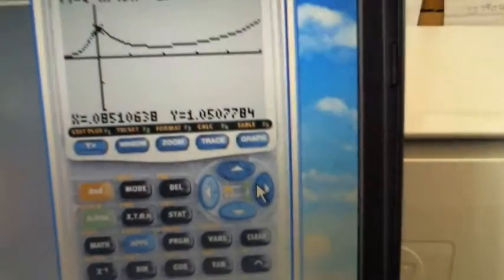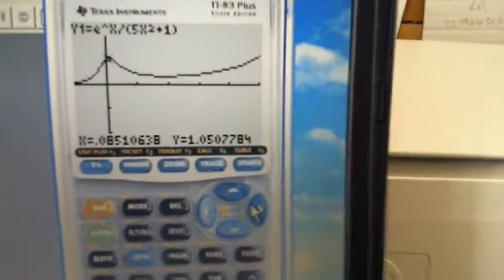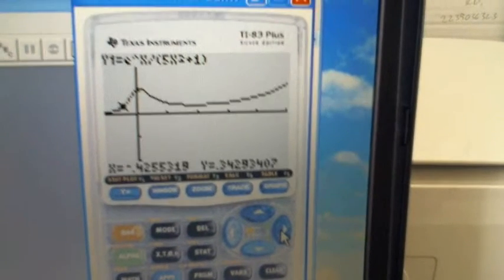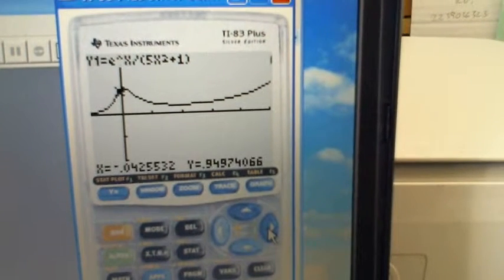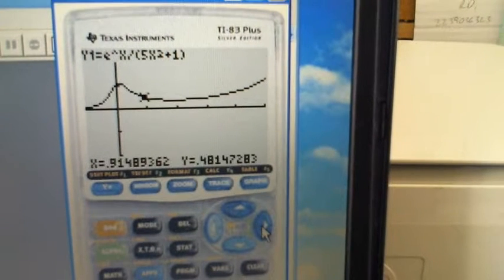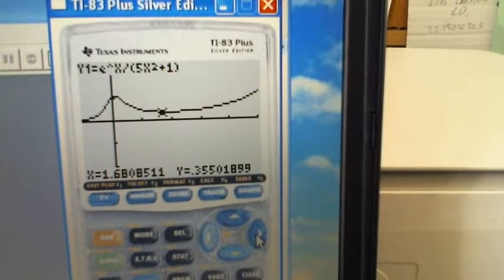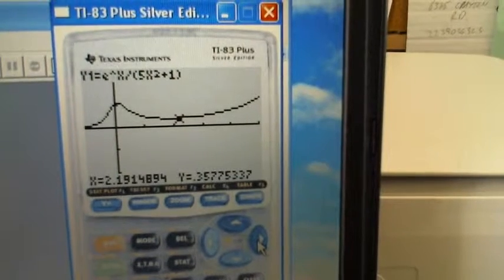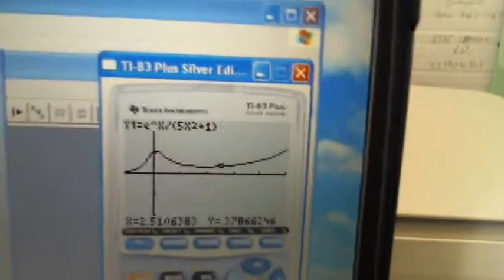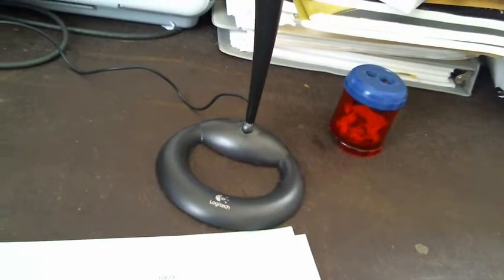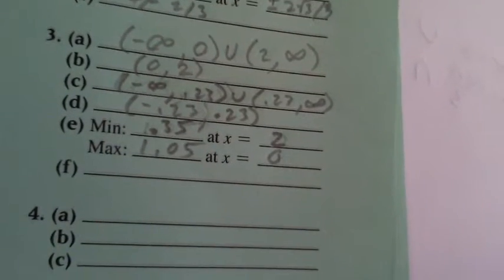And the asymptote doesn't count as an extreme value over this way because it doesn't actually have a value. But we have a minimum value, y equals 0.35 at x equals 2.